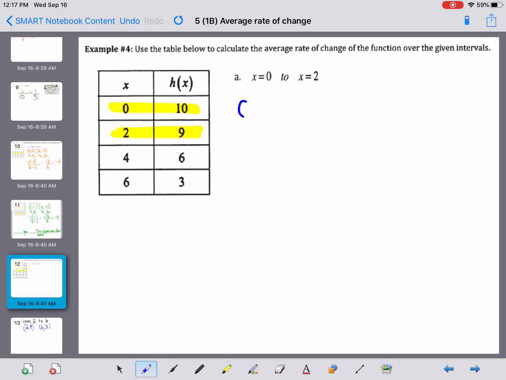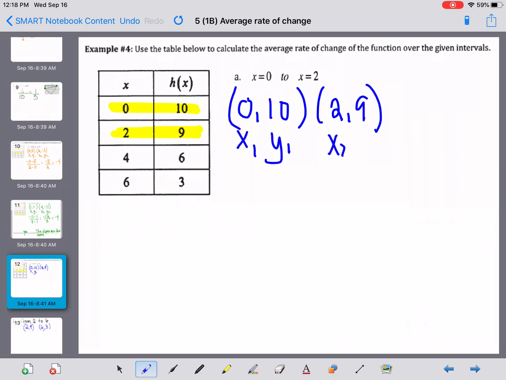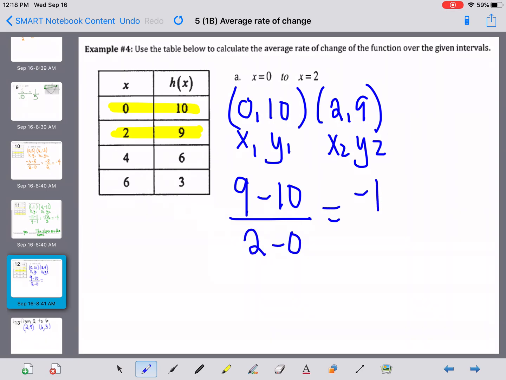Our ordered pairs then are (0, 10) and (2, 9). Here's x1, there's y1. Here's x2 and y2. Change in y over change in x. We get -1 over 2.